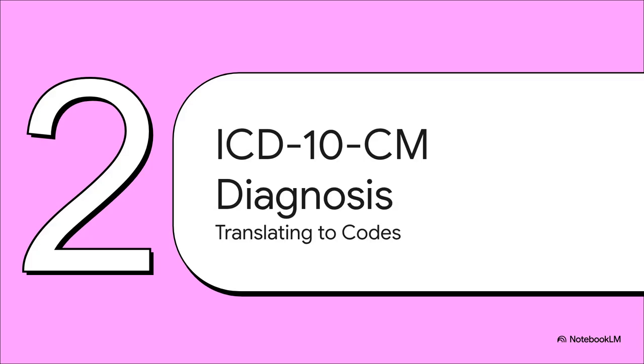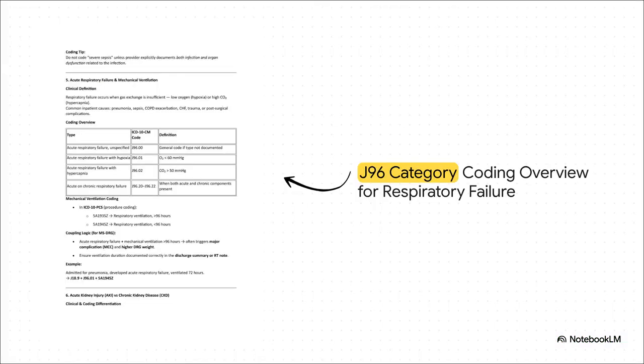Moving on to part 2, ICD-10-CM diagnosis coding. Okay, let's translate those clinical indicators we just talked about into our J96 category breakdown for respiratory failure. This brilliantly illustrates how we categorize things. If the provider simply writes down acute respiratory failure without specifying the exact type, you'll default to J96.00. But if they do specify the gas exchange issue, we can get much more granular.